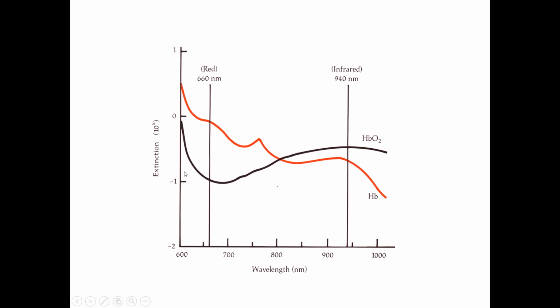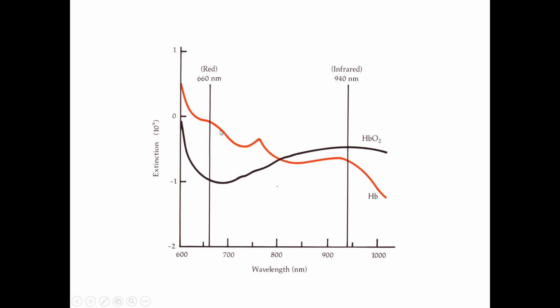As we can see, this is the absorption of oxyhemoglobin and deoxyhemoglobin at different wavelengths. At 660, which is red, the absorption of the oxygenated hemoglobin is lower than the absorption by the deoxygenated hemoglobin, which is represented by this red curve.